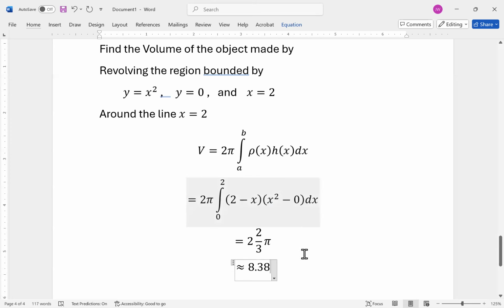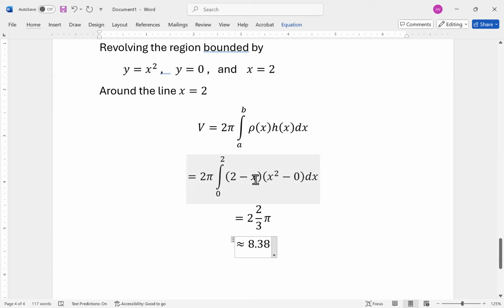We did this utilizing the disk method. And with the disk method, we had to convert everything into integrating with respect to y. It was kind of a hard problem using the disk method. With the shell method, once we get that down, it goes a lot easier.